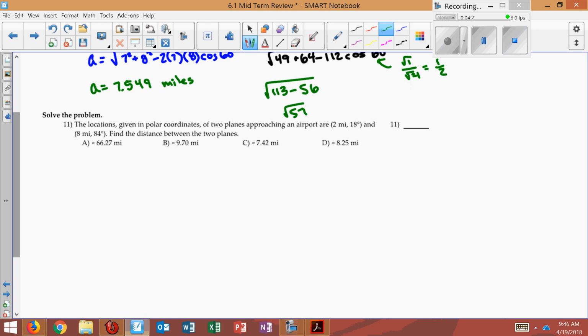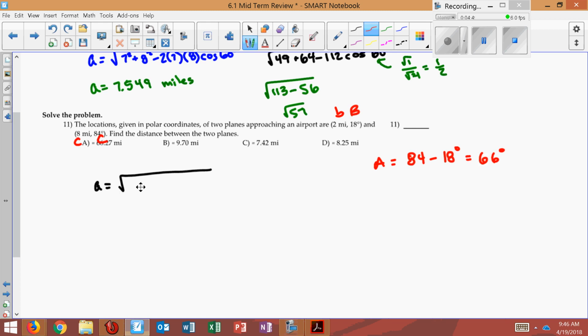Now let's try this one. Again, we're going to use the same formula. So A will equal the square root. Now let's label this. I'm going to say this is B, this is C, and this is capital B, this is capital C. And so I'm going to have 84 minus 18 degrees, which is 66 degrees.